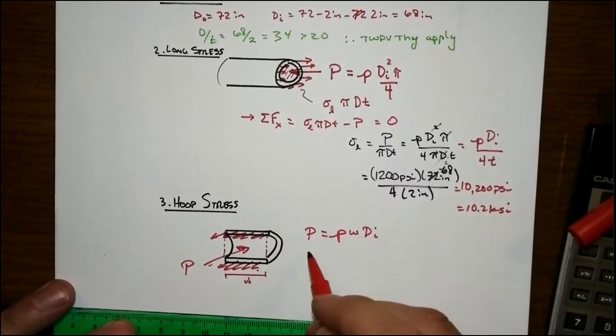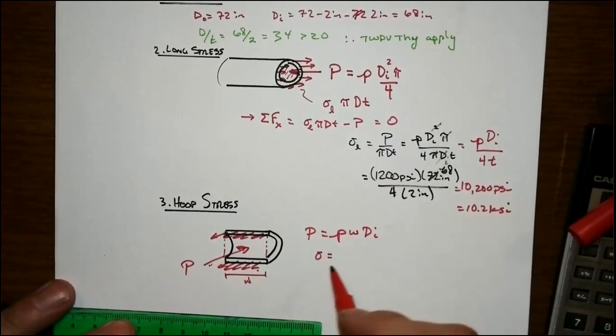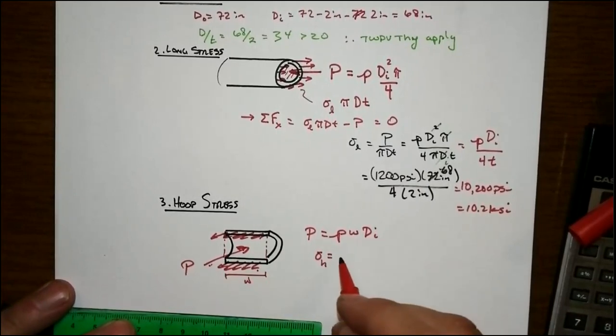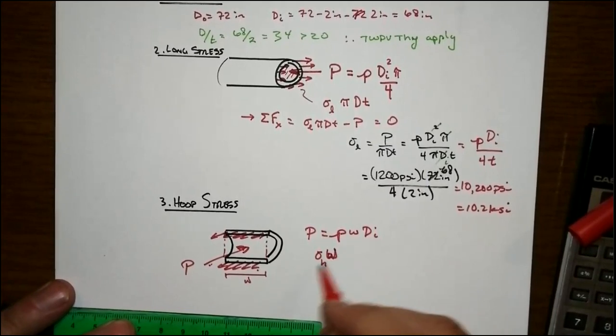Whereas this resultant in the other direction is going to be our average hoop stress, right? And then the area that we've got here is, oops, not equals, hoop stress times that W times that wall thickness, and there's 2 of those as that resultant, right?